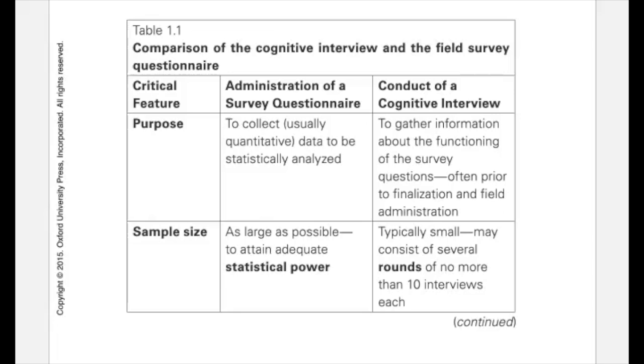So we're thinking about sample size. When we administer our survey, we need a large enough sample size that it has some sort of statistical power. Whereas in a cognitive interview, we might do multiple rounds of a cognitive interview of 3 to 5 people. He's saying no more than 10, where we're just getting information about how the survey is functioning.